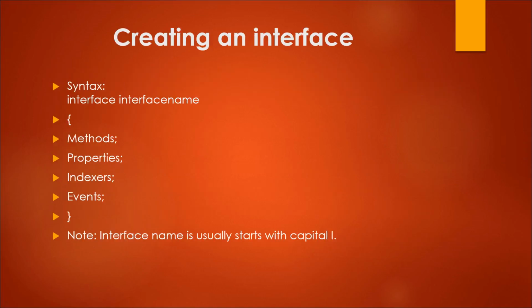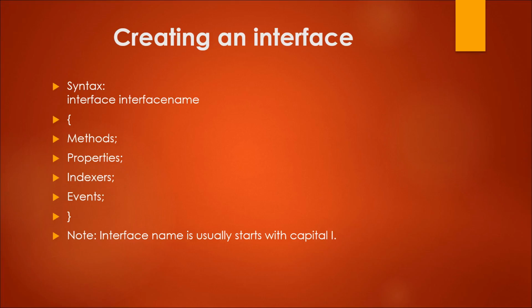Creating an interface. So this is the syntax of creating an interface. To create an interface, you have to use the keyword interface with the interface name. As you know, interface name should be started with capital I. It is not a rule actually, but this shows that this is an interface and not the class, because when you implement it, when you use it to inherit in a class, that looks same as that of the class.